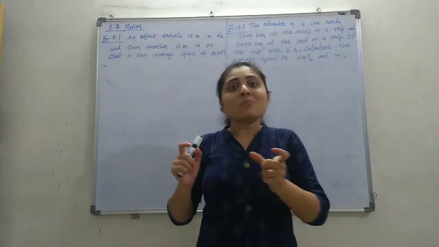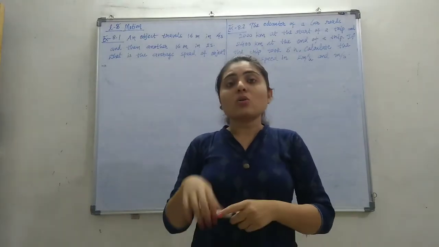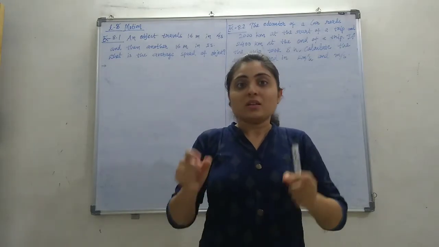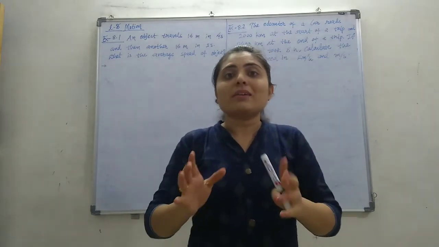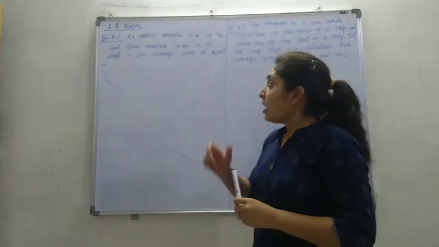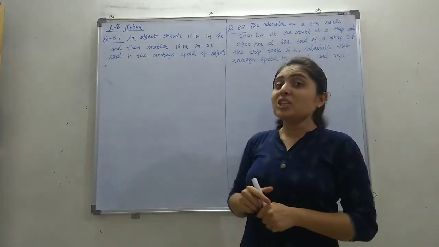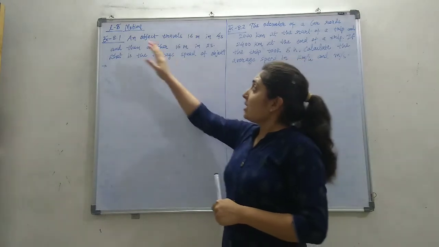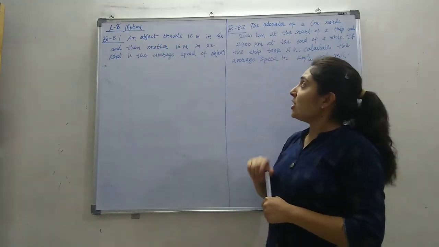That includes the examples given in the textbook and also the in-text questions and answers. So we are starting example 8.1, and the question is: an object travels 16 meters in 4 seconds.